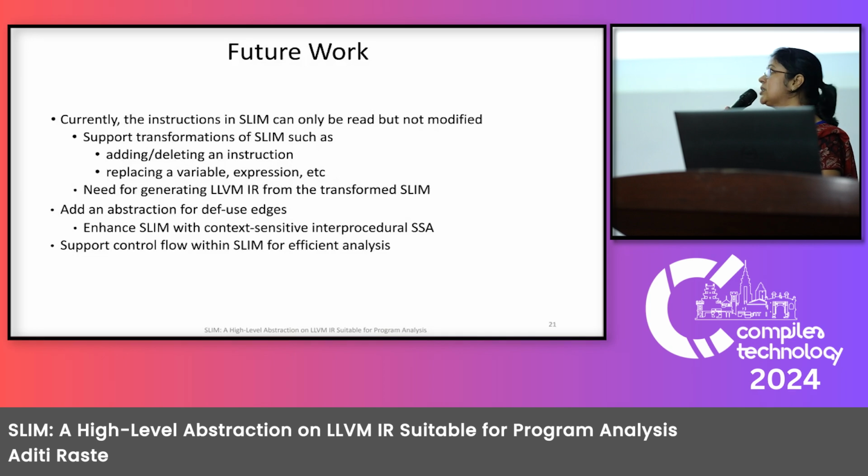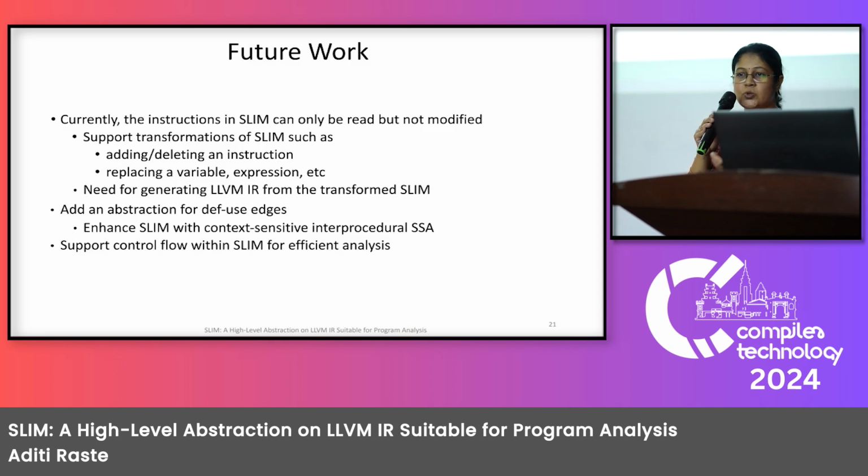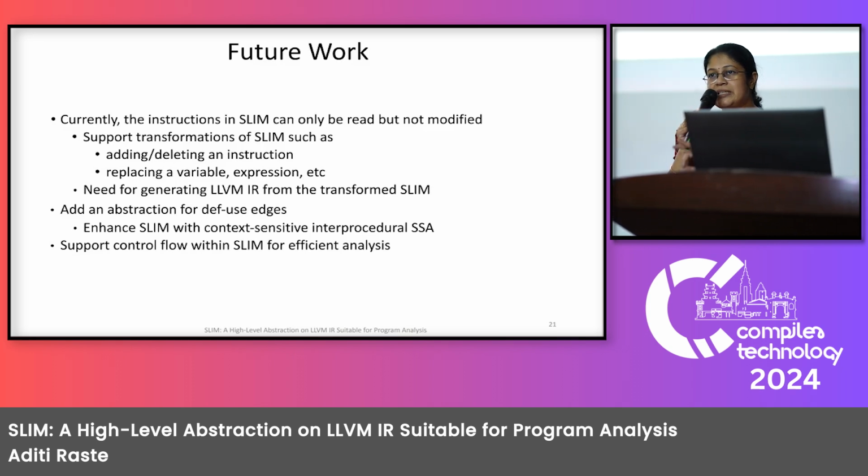As future work, currently the instructions in SLIM can only be read but not modified. So we want to support transformations in SLIM, such as to add an instruction, delete an instruction, replace a variable or an expression, etc. Also, there would be a need for generating LLVM IR from this transformed SLIM.